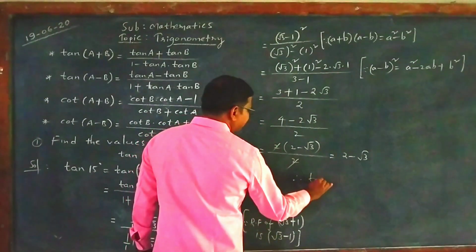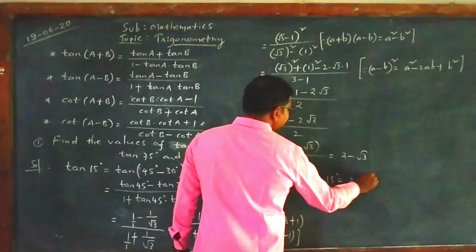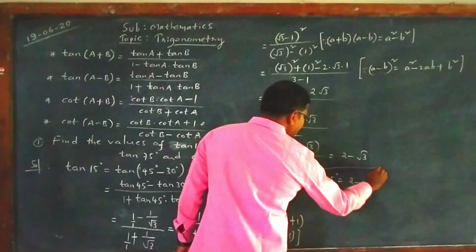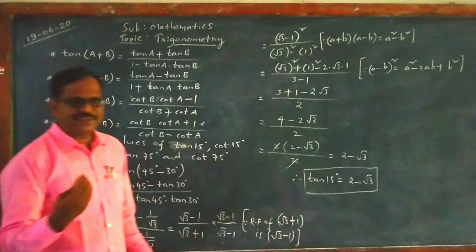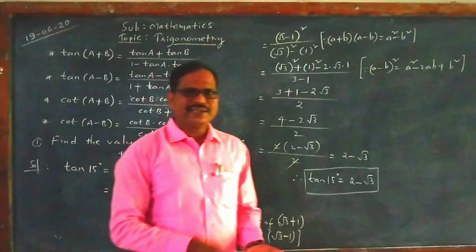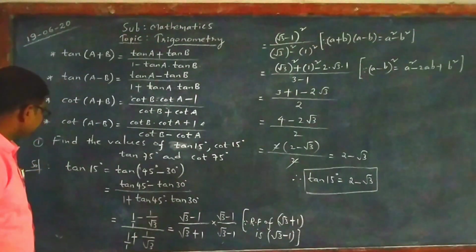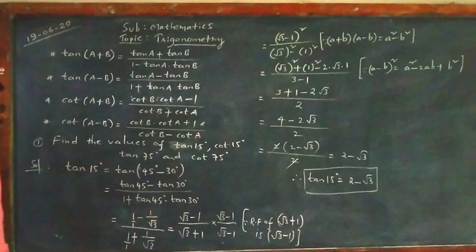So what is the value of tan 15 degrees? 2 minus root 3. Or you can take tan 15 as sin 15 degrees by cos 15 degrees and simplify. You will get the answer. So that is the value of tan 15. Clear?